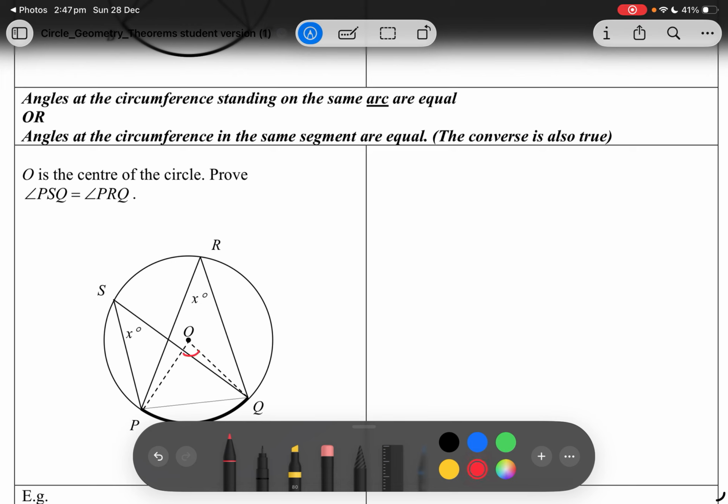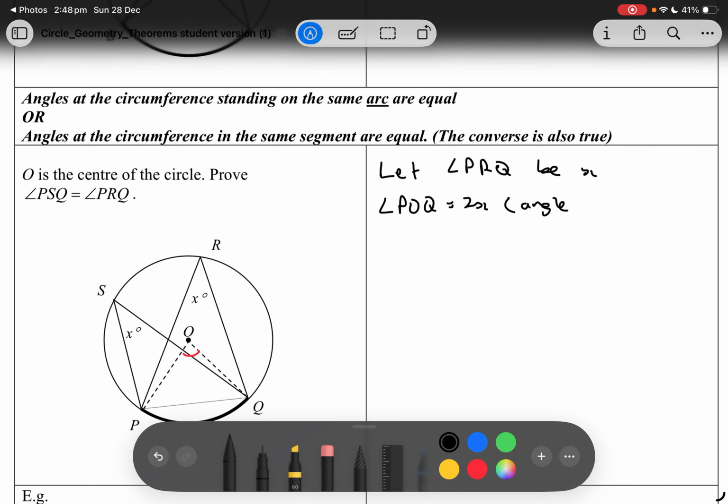Now, what do we remember about this relationship? Well, let's just let angle PRQ be x. Now, we know that angle POQ equals 2x. That is the circle theorem that we have just dealt with.